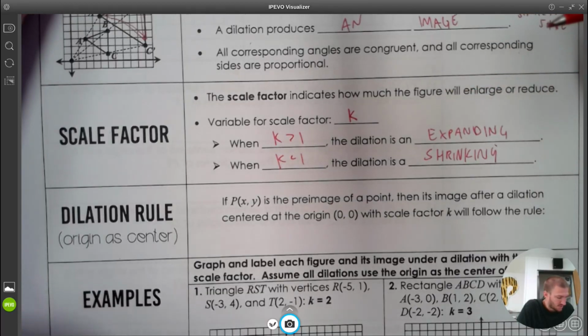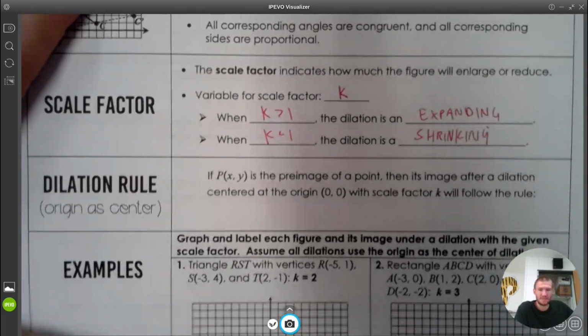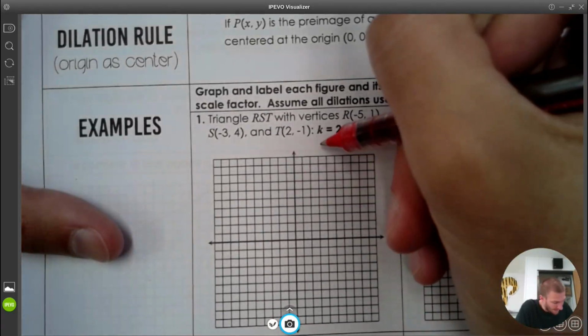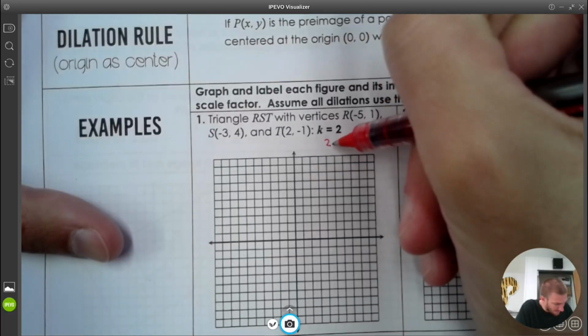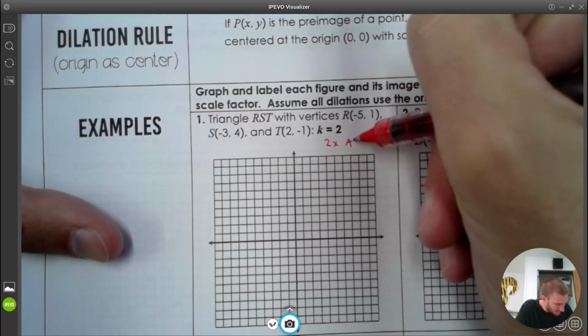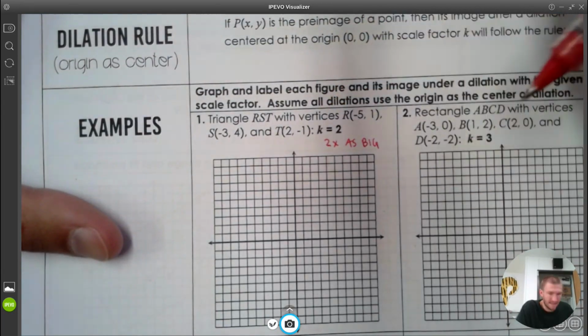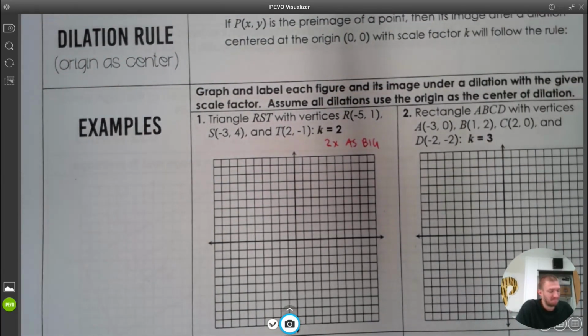We're basically just talking about you're going to get a number for how much it should shrink or how much it should expand. So if we look down here and it says k equals 2, the idea here is that we want to make this 2 times as big. And when it says k, that just means how much we want to make it bigger.